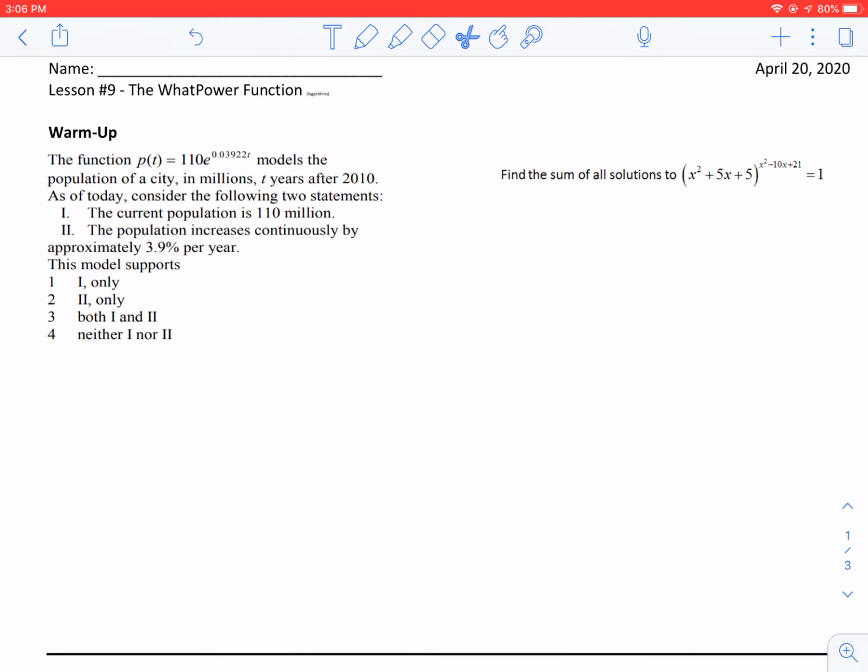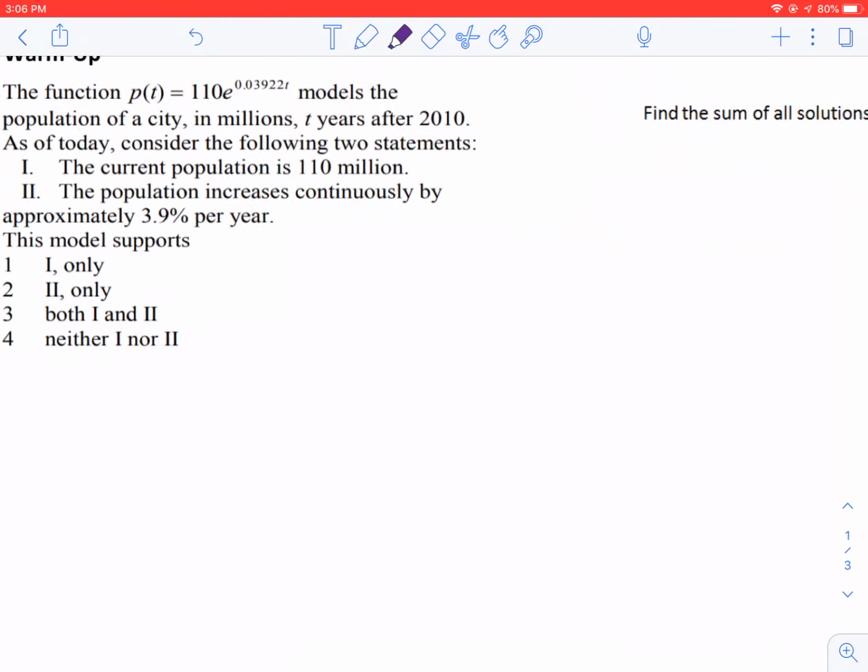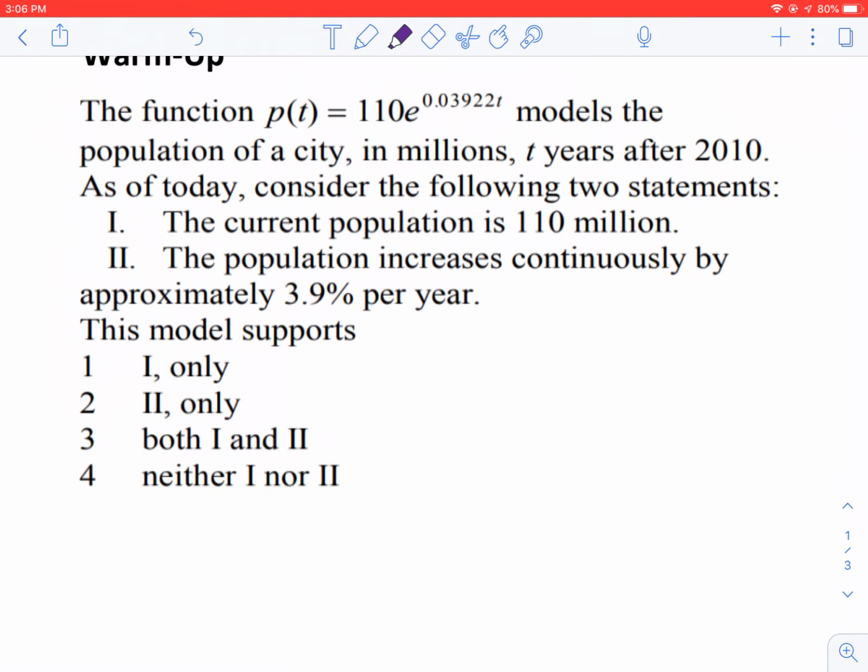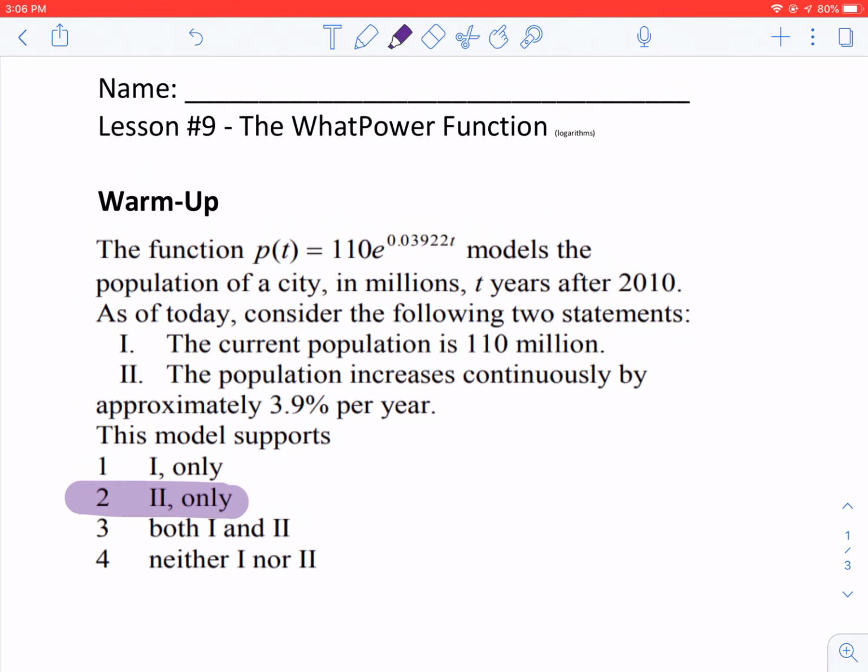For this first one, this is a Regents problem. The answer is choice 2. The function P of t models the population of a city in millions t years after 2010. As of today, consider the following two statements.